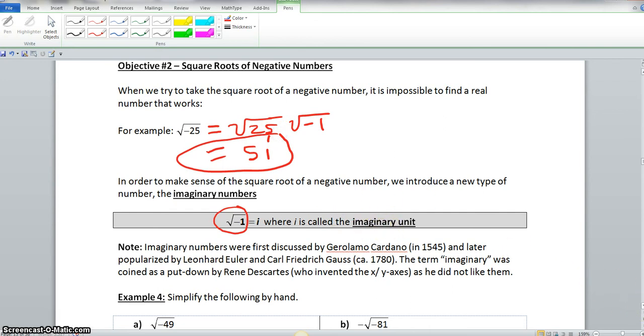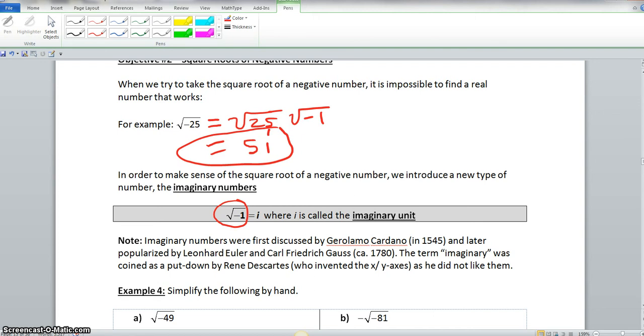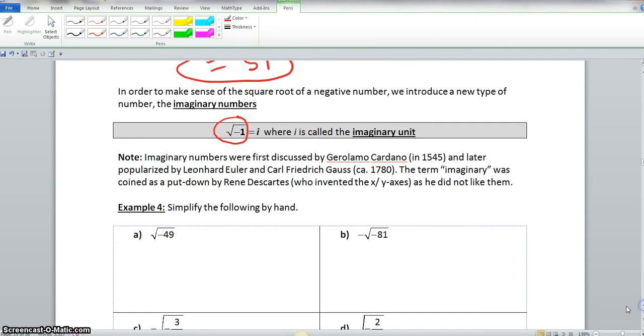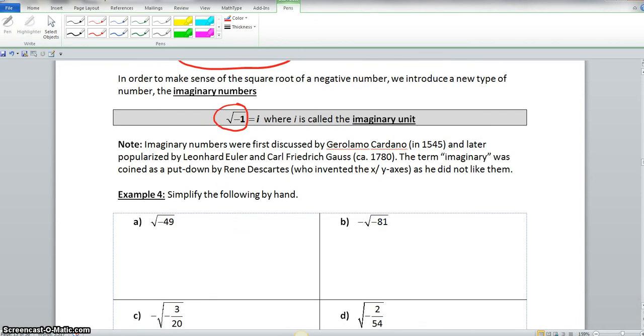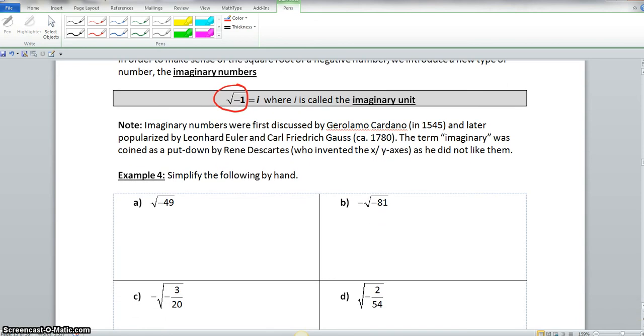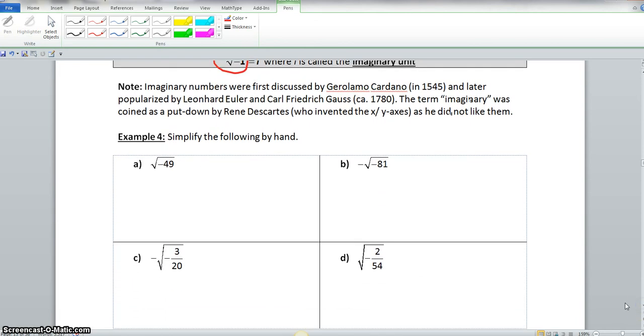Now if we were still dealing in just the real number system, our answer would have been undefined or impossible. But since we're dealing with the complex number system, or the imaginary numbers, we could actually solve a negative square root.